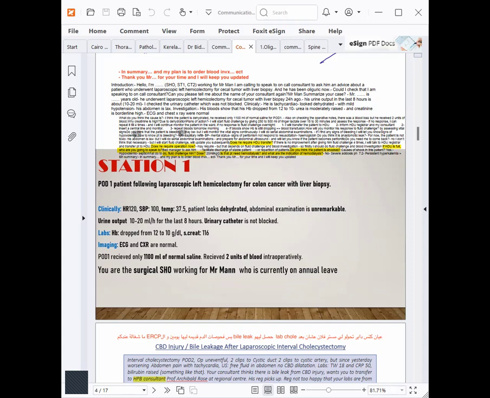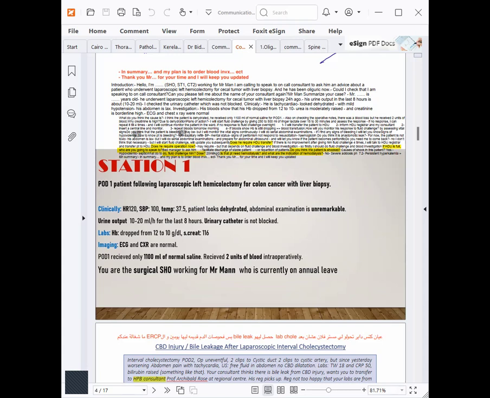If there is no response, we will plan to transfer to a high dependency unit and insertion of a central line, and taking other blood samples the next day. If there is no response, we may go for re-exploration.